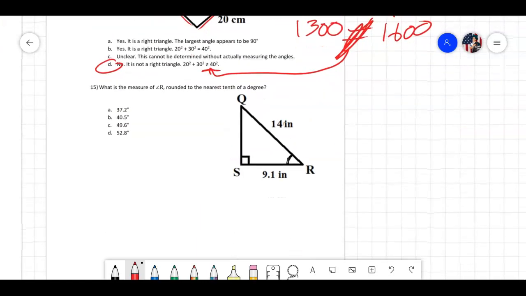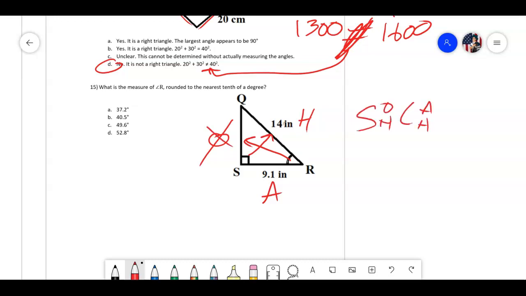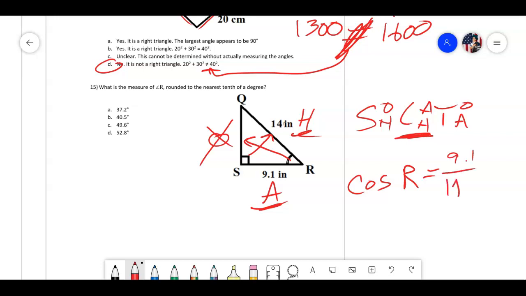All right. And then last but not least, what is the measure of R? Okay, so once again, label O, H, and A. Cross out O. Let's remember SOHCAHTOA. Sorry, it's so ugly. It's hard to write on this laptop. If we only have A and H, we know we're going to have cosine of an angle R equals A over H, 9.1 over 14.